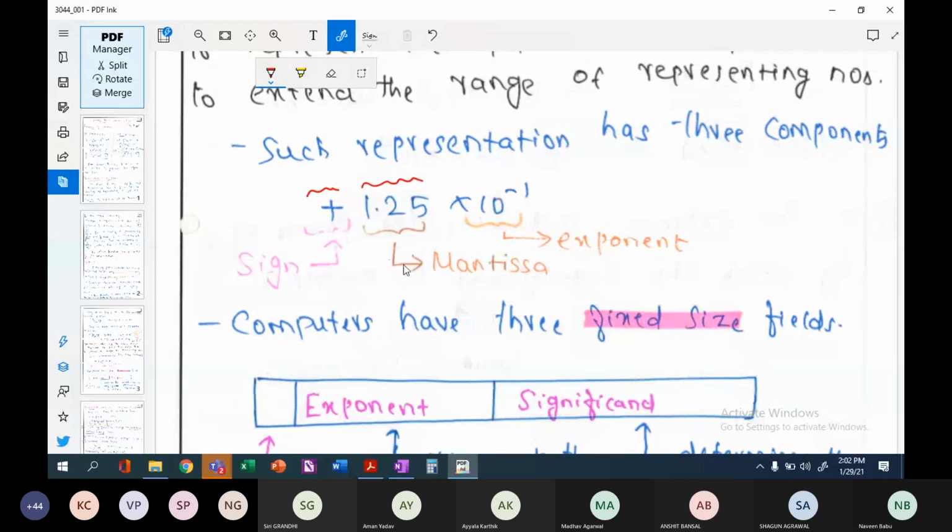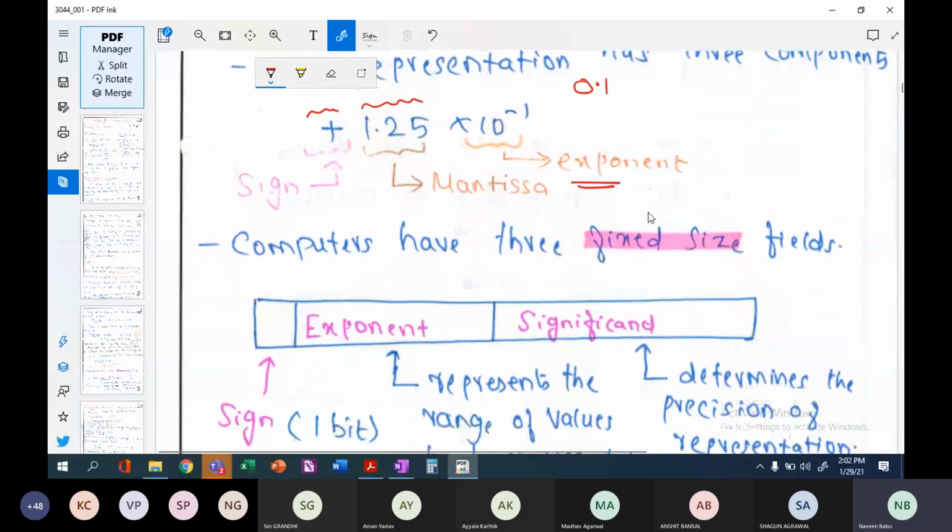And within the mantissa part, if you follow a certain format, which means that any number you have, you represent it as 1 point something, or you represent it as 0.1 something, then you can always save a lot of space, and at the same time you can represent large values of numbers, especially with this exponent value. You can represent a huge range of numbers based on the bit size, based on the format size.